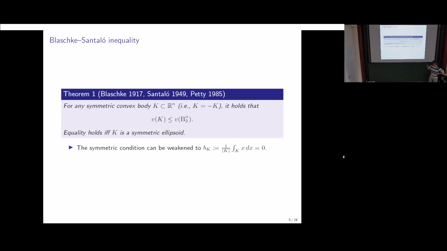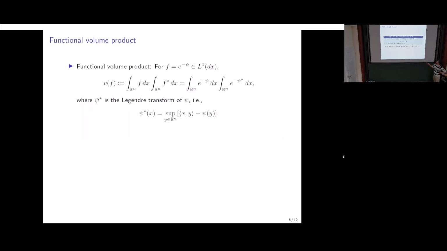Then the Blaschke-Santaló inequality states that for any symmetric convex body, the volume product is maximized by the standard unit ball, and equality holds if and only if K is a symmetric ellipsoid. The ellipsoid comes from the fact that the volume product is linear invariant. In this talk we want to consider the functional version.